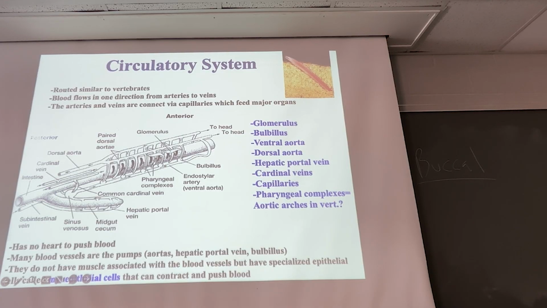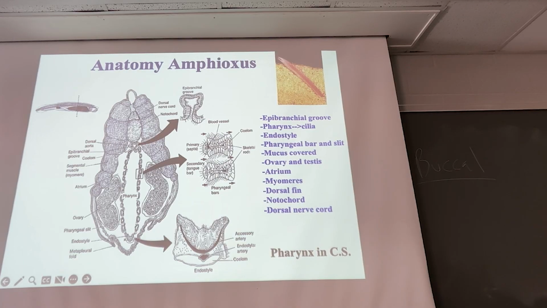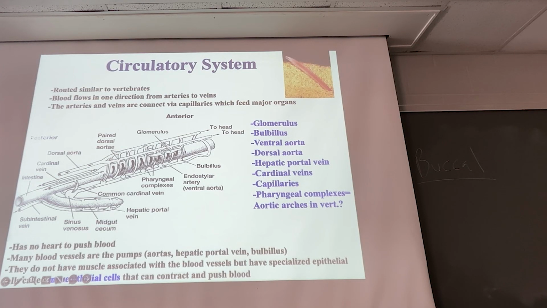And this shows you some of the blood vessels that you're actually going to be able to see. For example, you'll be able to see some blood vessels in this area. You'll be able to see some blood vessels in the tail sections. And you won't have to know all of them, but there'll be a couple you have to ID in lab.